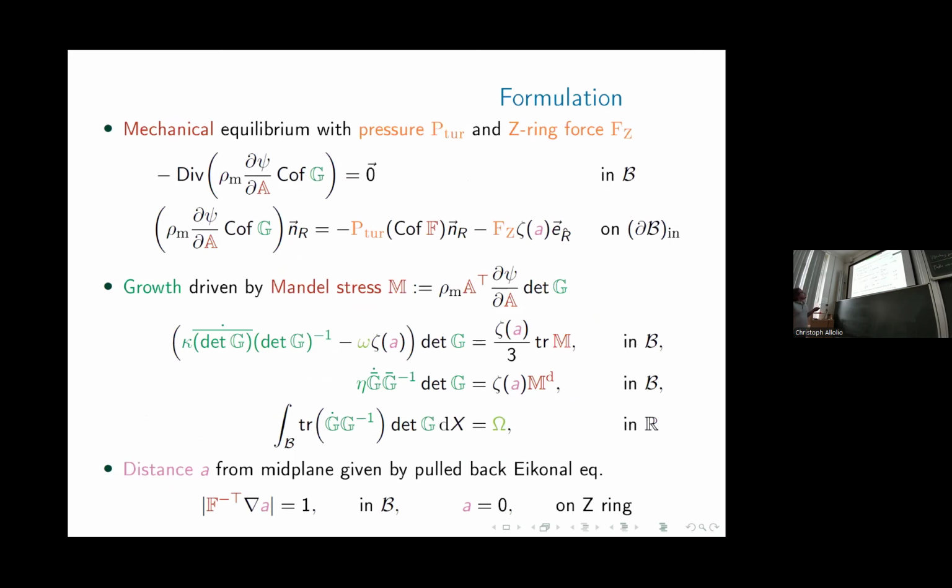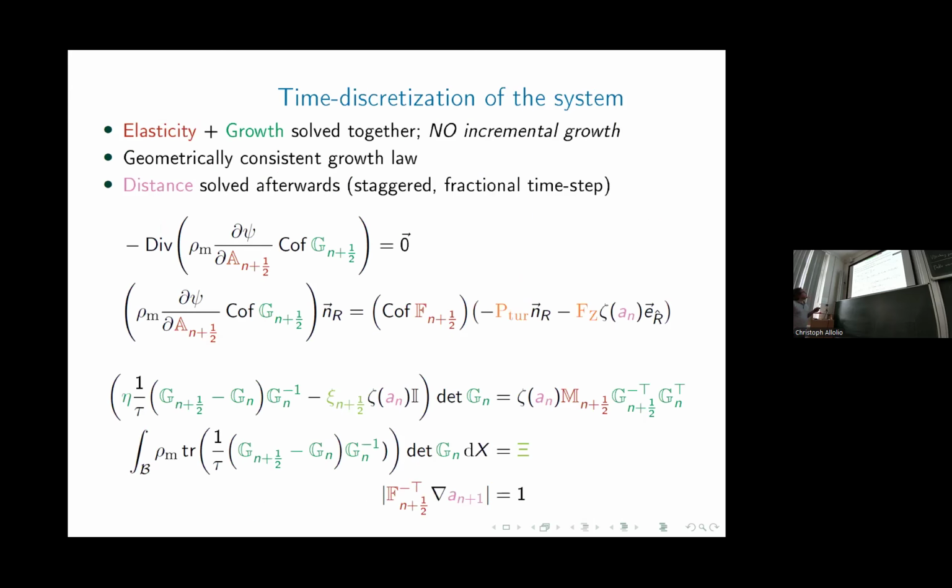So we take mechanical equilibrium with respect to the turgor pressure and the septing force, and then we apply the growth equations, and we have this pulled-back eikonal equation for keeping the size of the growth zone constant in the final configuration, so in the current configuration.